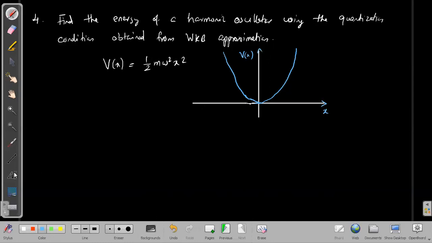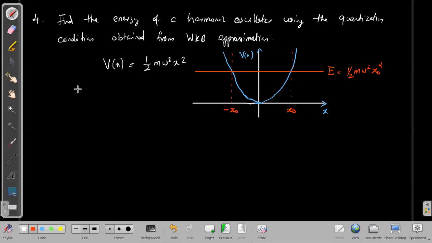Now if you have energy, the energy we'll put as E, then we'll have two classical turning points. If the total energy is half m omega square x0 square, the turning points I can put as plus x0 and minus x0.